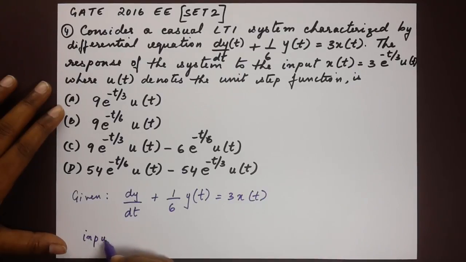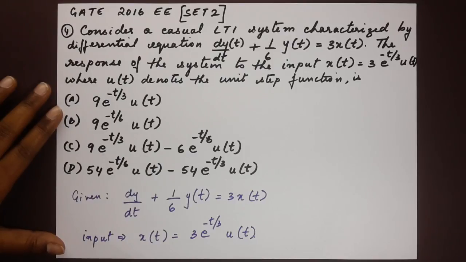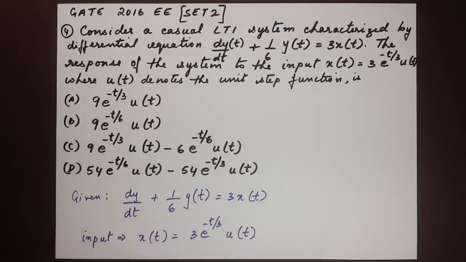And the input is given to us as x(t) = 3e^(-t/3) u(t). One way of solving this is to first use Laplace transforms, convert it into the S domain, and then use the inverse Laplace to get the final equation.